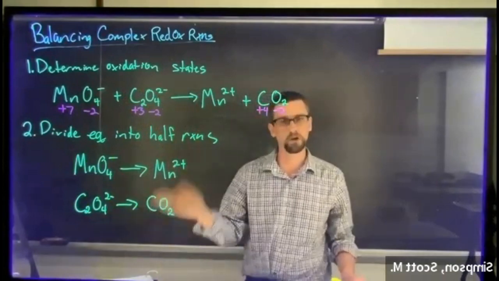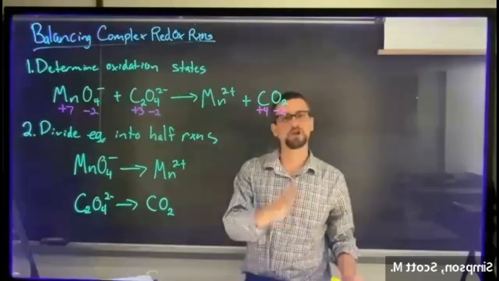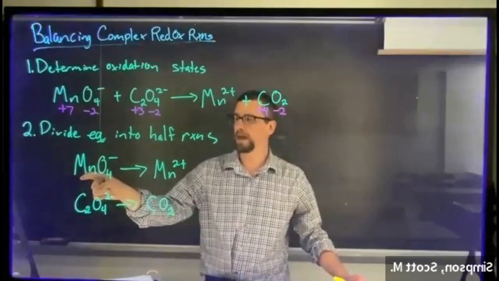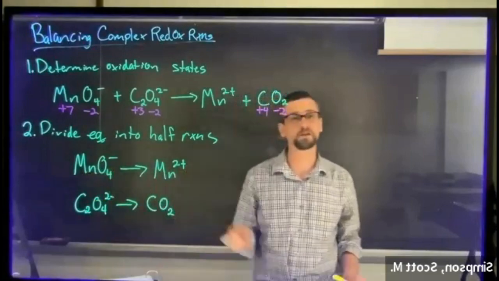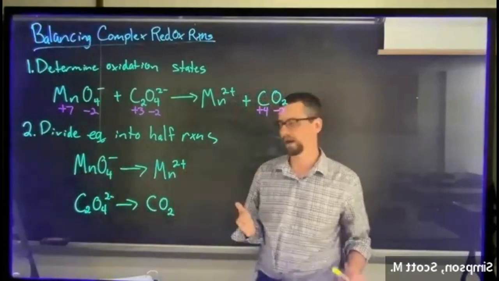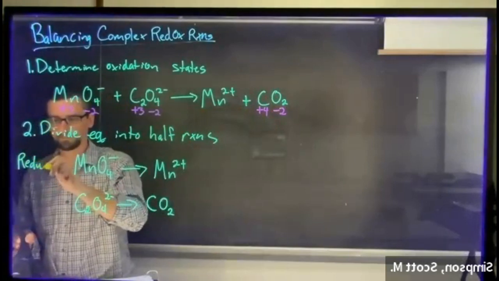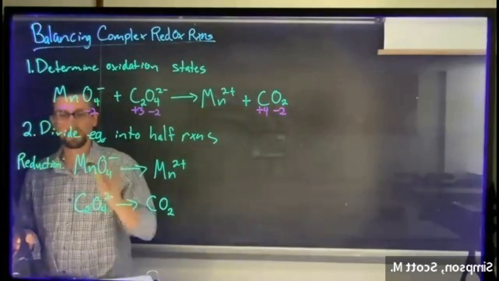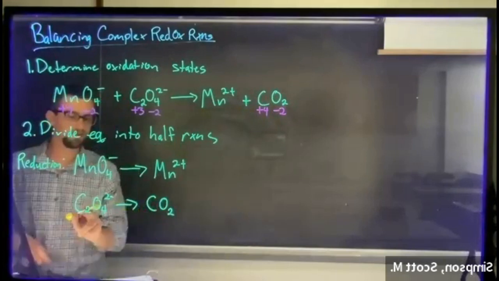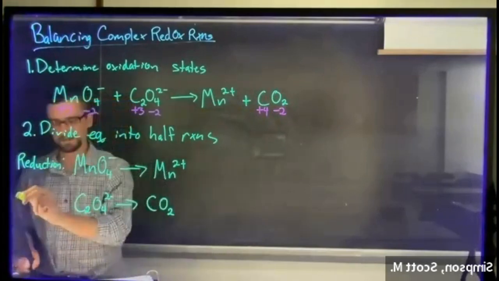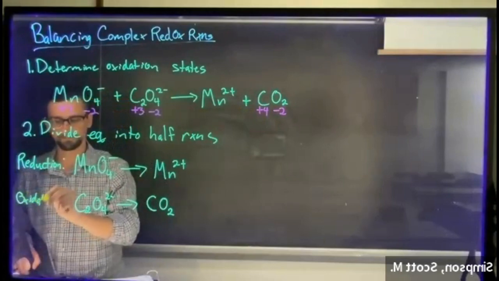Remember, LEO goes GER: losing electrons, oxidation; gaining electrons, reduction. In this case, we're going from the manganese from a +7 to a +2. That system had to gain electrons, so this will be a reduction. Whereas in the bottom case, the carbon is going from a +3 state to a +4 state. This is an oxidation.